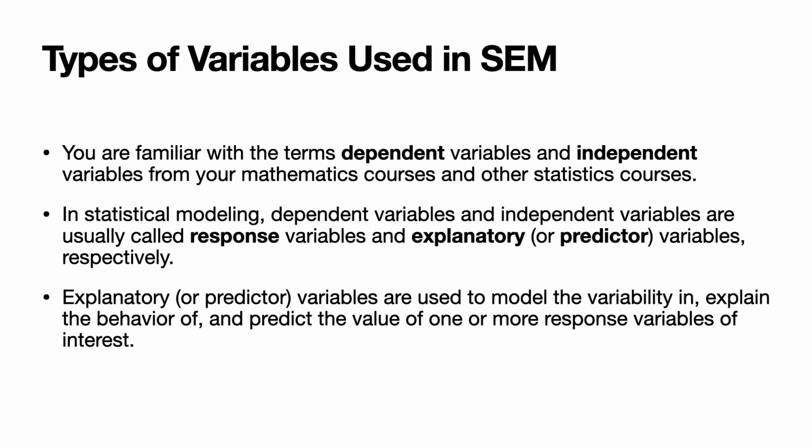As you know, in statistical modeling, dependent variables are usually called response variables, and independent variables are usually called explanatory or predictor variables. Now, explanatory or predictor variables are used to model variability in, explain the behavior of, and predict the value of one or more response variables of interest.